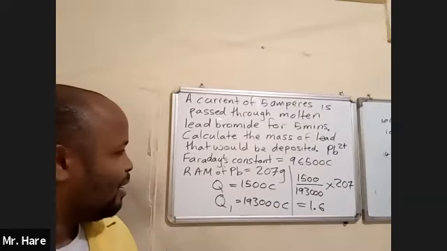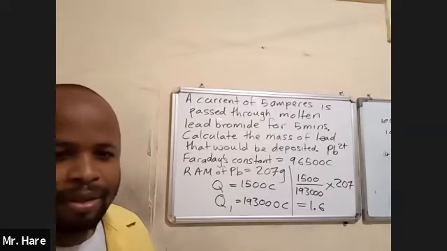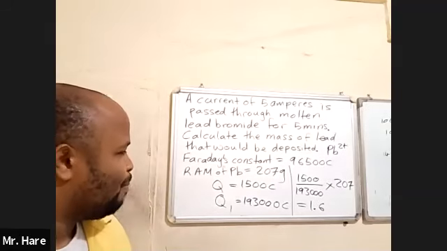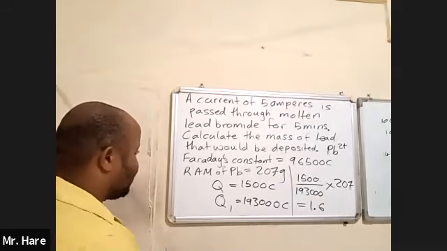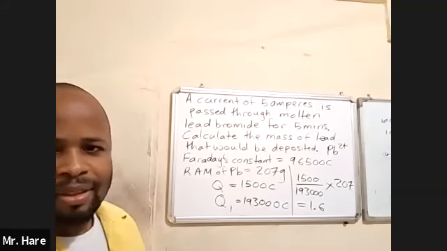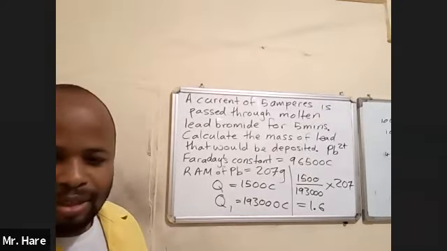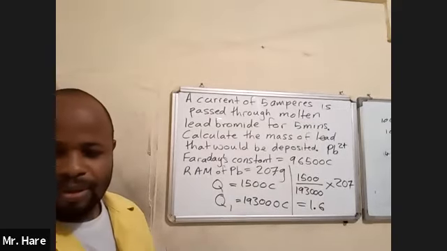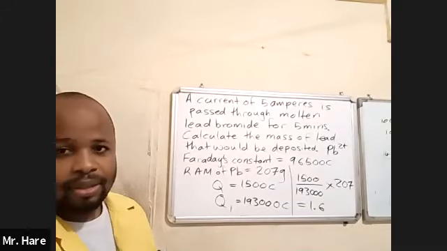Write it down on the board. Plumbate, P-L-U-M-B-A-T-E. Remember to write the G.